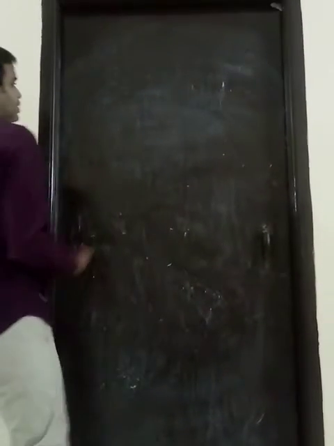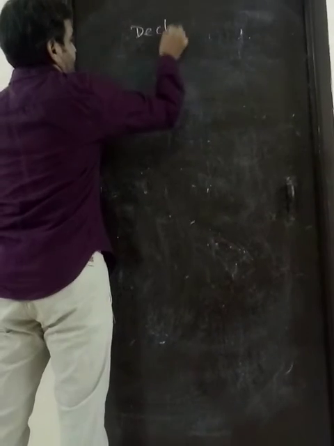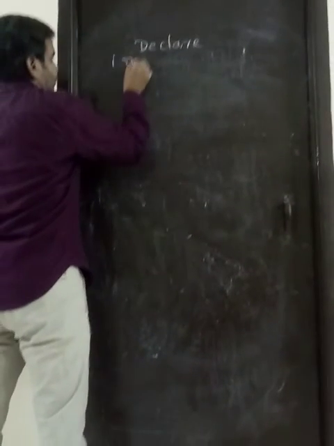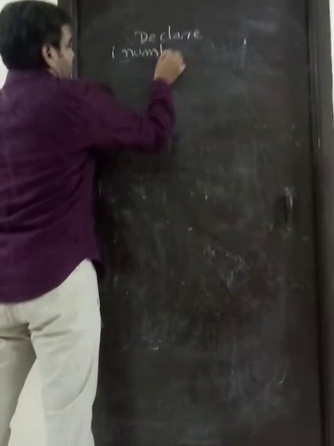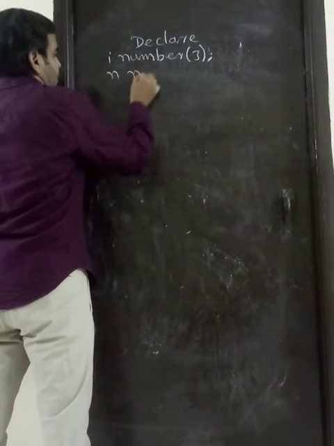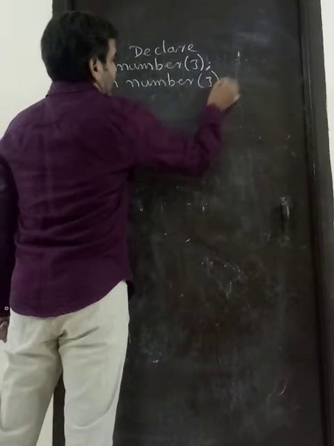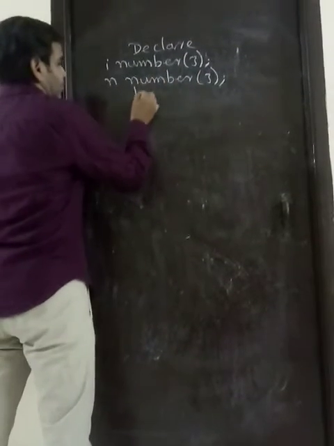Without if condition, first declare I number of 3, n number of 3, then begin.